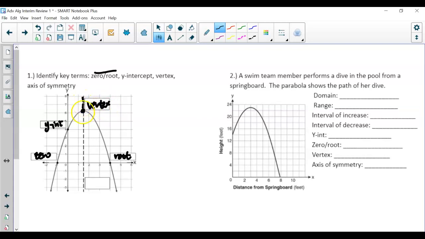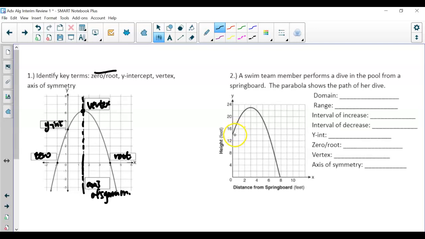And then our dotted line here, that imaginary line that's going through, is our axis of symmetry, where we are cutting that parabola in half.